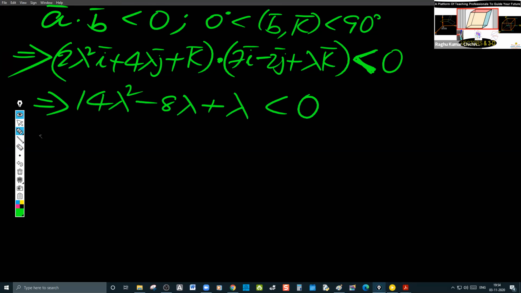Less than 0. So 14 lambda square minus 7 lambda less than 0.